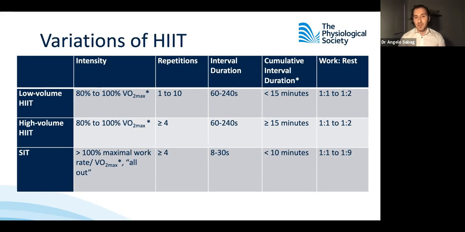And if anyone's done that, you know it's disgusting. After the third or fourth interval, you're struggling to even see. So the utility of this type of training, sprint interval training, is perhaps more questionable in a clinical setting. For those reasons, we focused on high intensity interval training, which is typically characterized by submaximal efforts, in other words, below 100% VO2 max.